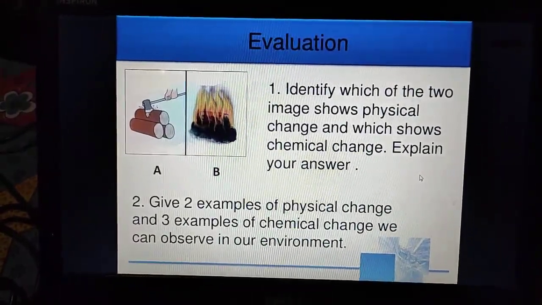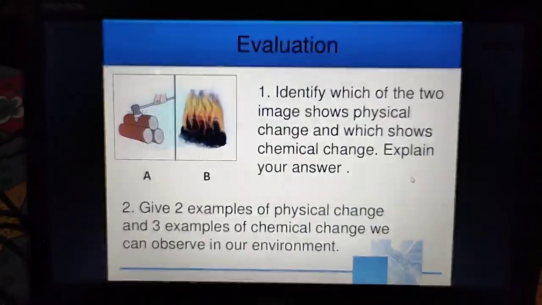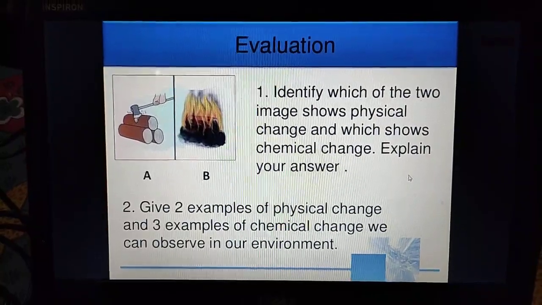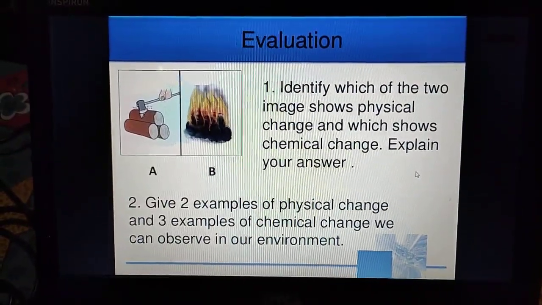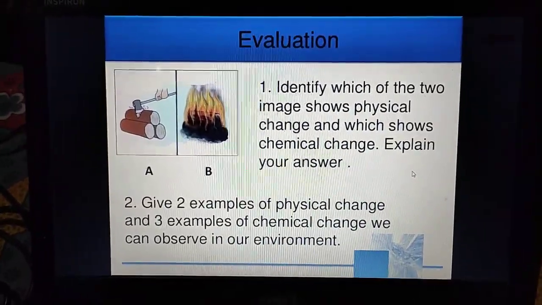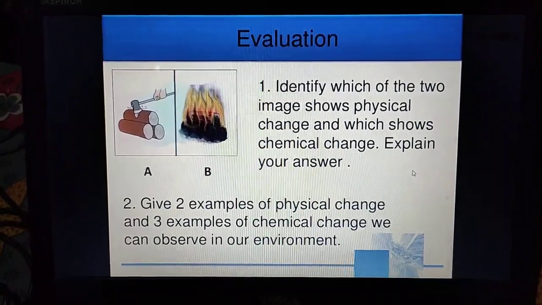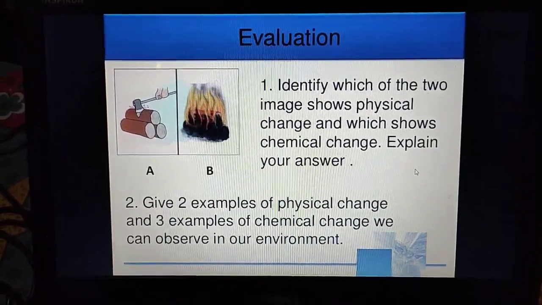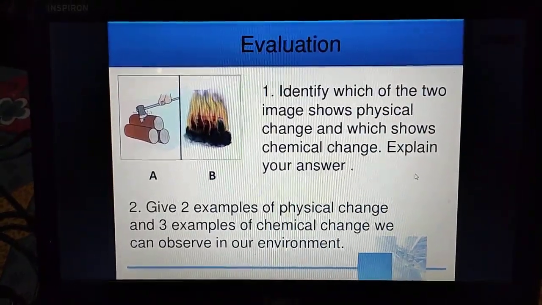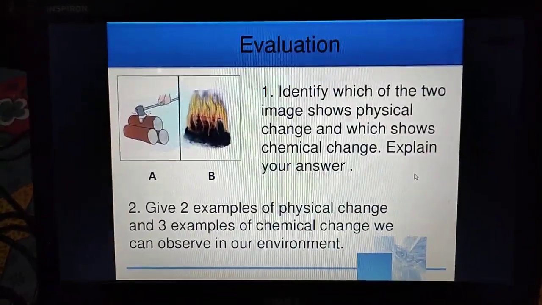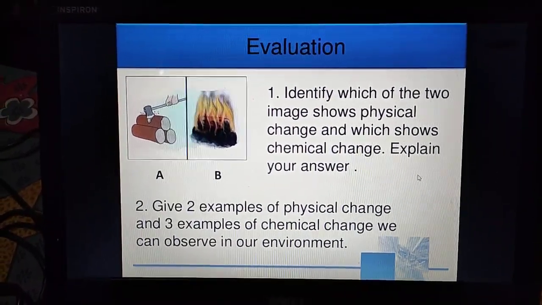But in figure B, coal is burning. Once the burning is over, new substances are formed, and heat is also released, and you cannot get it back. This is an irreversible change, so we call this chemical change.